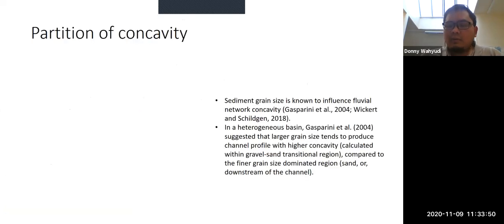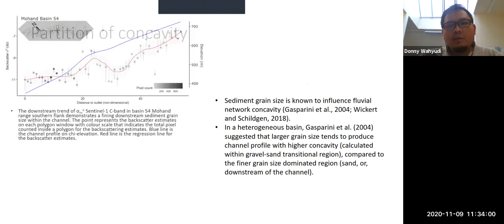I also mentioned the partition of concavity in all these ranges, especially in Mohan, and we tried to explore the role of sediment grain size. Sediment grain size is known to influence fluvial network capacity.